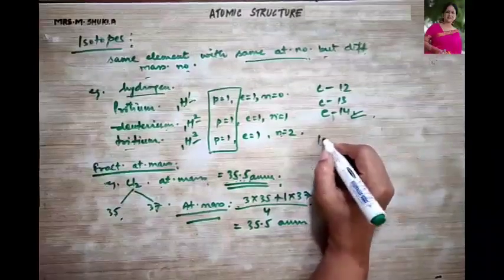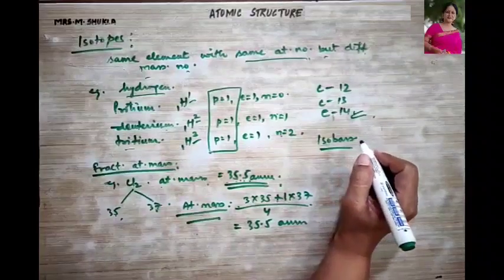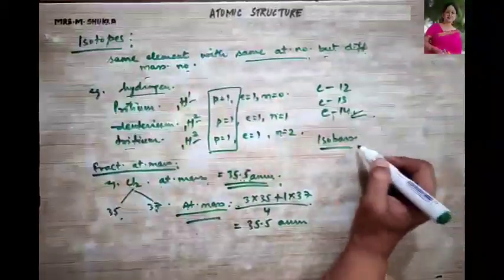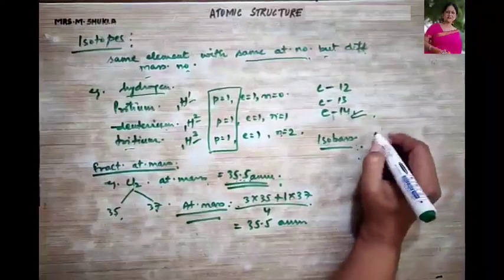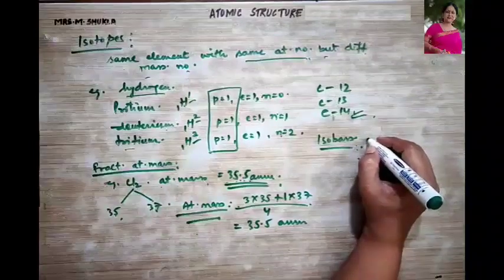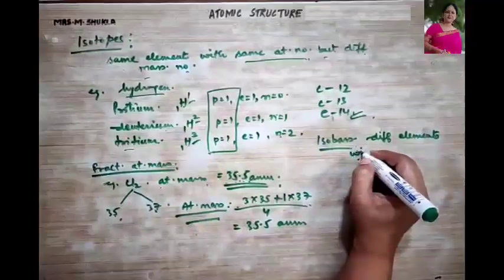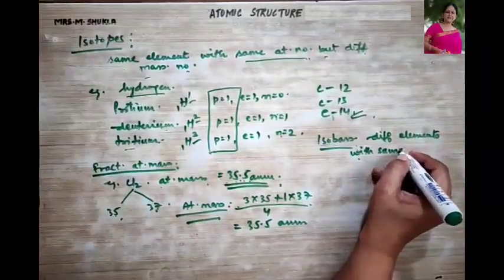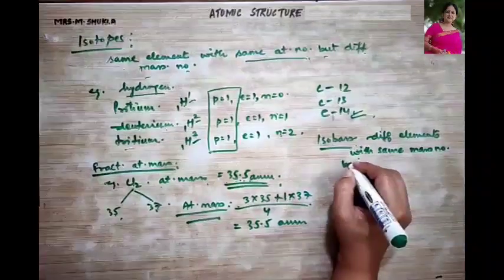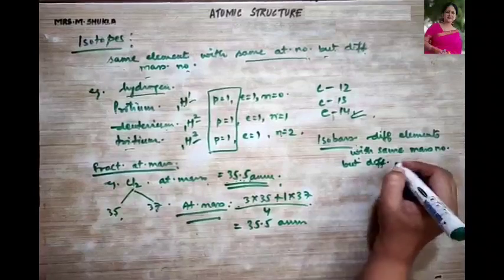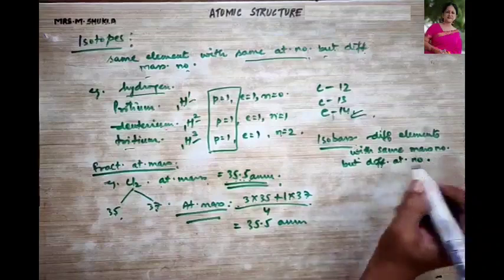Lastly, we talk about isobars. What are isobars? The atoms of different elements. Now here they were the same elements. Here I am talking about different elements. They have same mass number but different atomic numbers. So different elements with same mass number but different atomic numbers are termed as isobars.